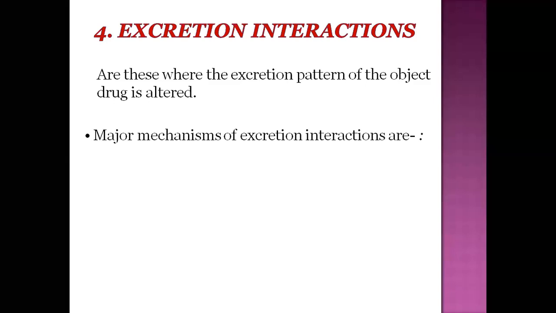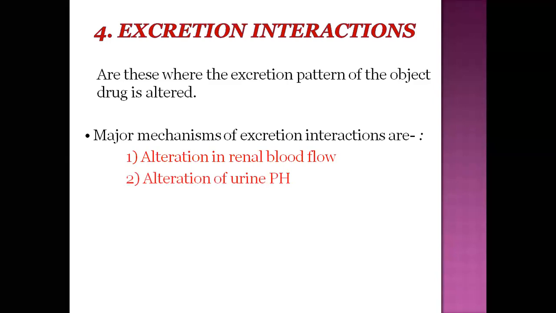Generally, the major mechanisms involved in the excretion interactions are alteration in the renal blood flow. If it occurs, there is alteration in the excretion of object drug. Second one is alteration of urine pH, maybe alkaline or acidic pH, which affects further excretion of object drug.